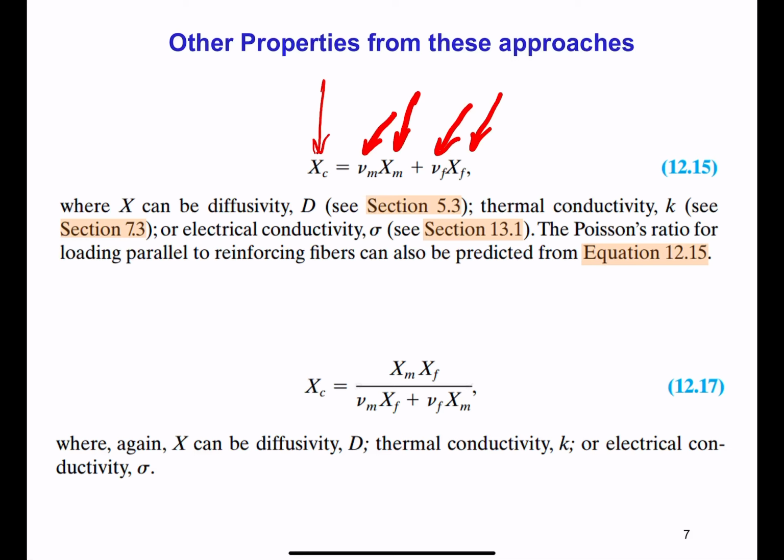And even Poisson's ratio can also be predicted this way based on a matrix and a fiber component coming together.